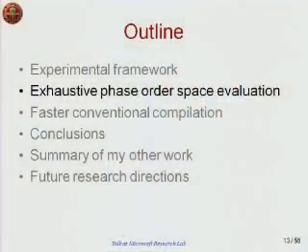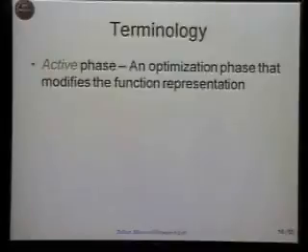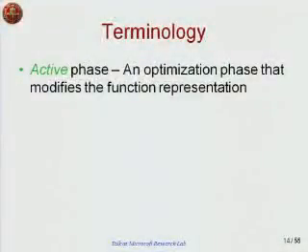In the next part, I will describe the approach, the algorithm that we used to get exhaustive phase order evaluation. Before that, I'll describe some terminology I'll be using for the rest of the presentation. The first is an active phase. As I mentioned, each optimization phase needs certain enabling conditions for it to do something. If an optimization phase has those conditions present, then it will go and modify the function.